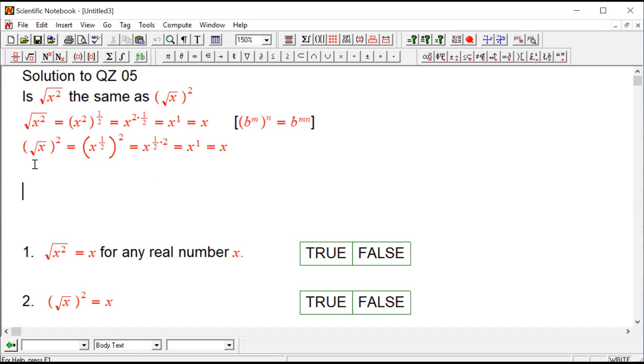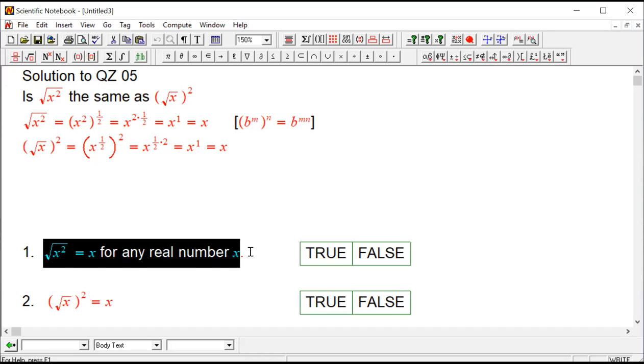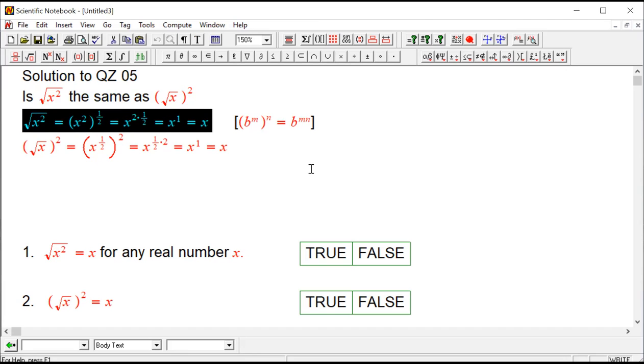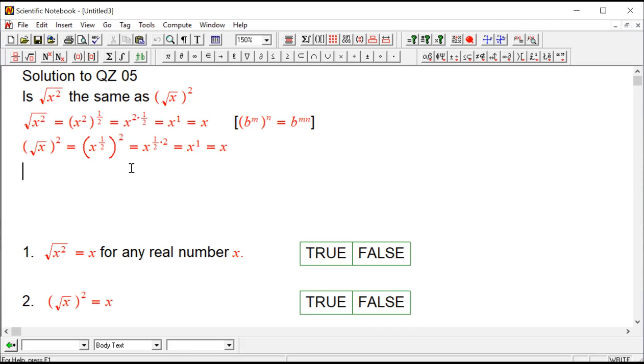Now, I'm going to give you the answer, okay? And I will explain the answer to you. So please listen very carefully. For any real number x, can you do that?